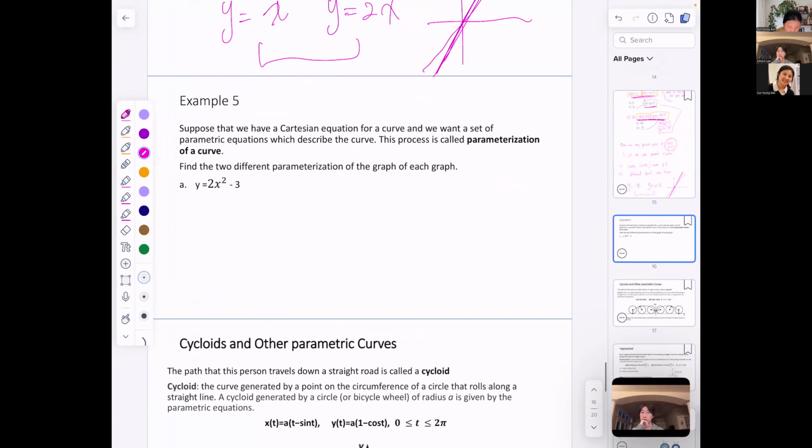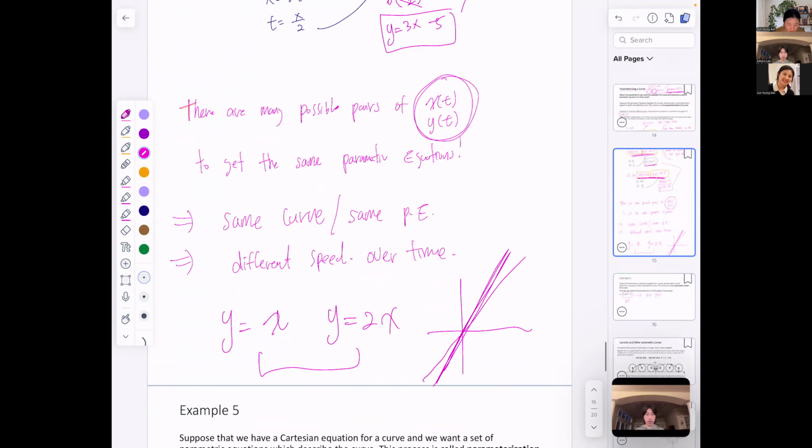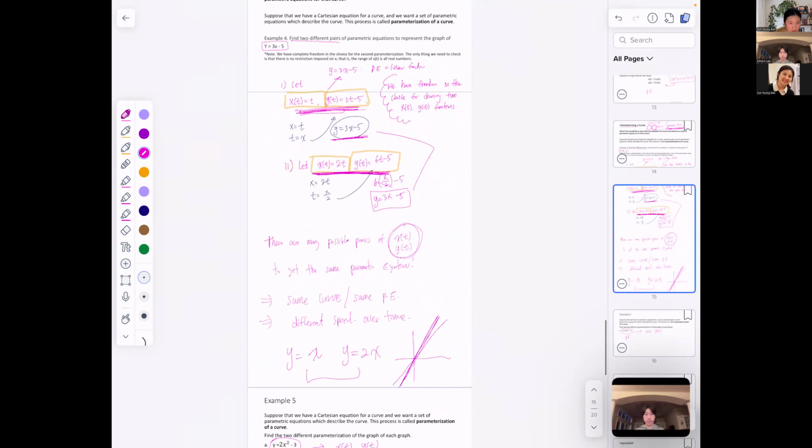So this one is also the same type of question. We can talk about it like parameterization of a curve. So this is already a parametric equation. They want you to find out what the x and y are. So you can think about a lot of possibilities, right? I'm going to skip this one because now you can think about the same strategy we did here.